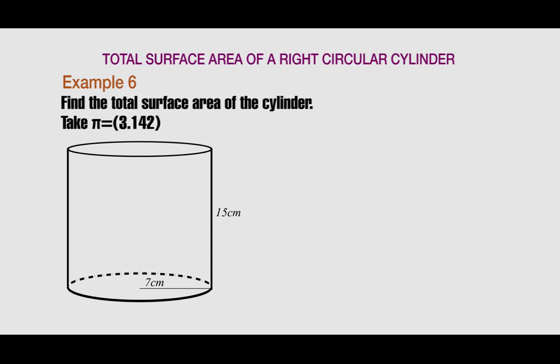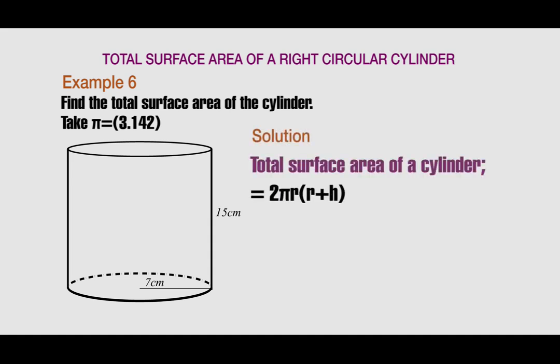Now our solution is, we first write down the formula for finding the total surface area of a cylinder, which is 2 pi r (r plus h). If we do our substitution, then we have 2 multiplied by 3.142 multiplied by 7 (7 plus 15).